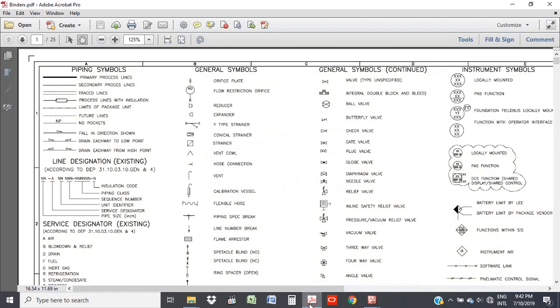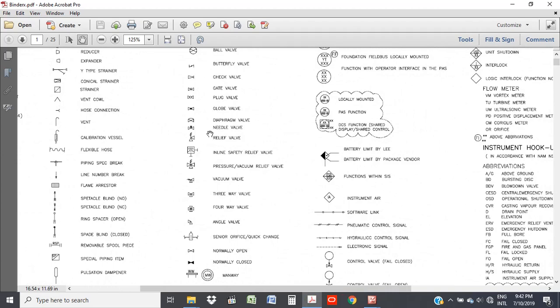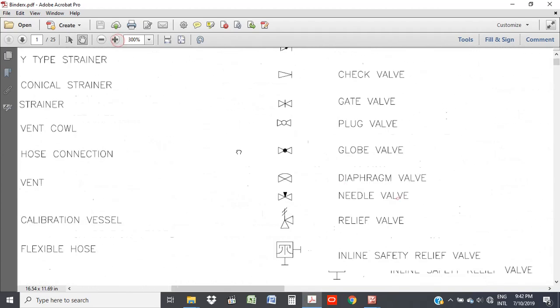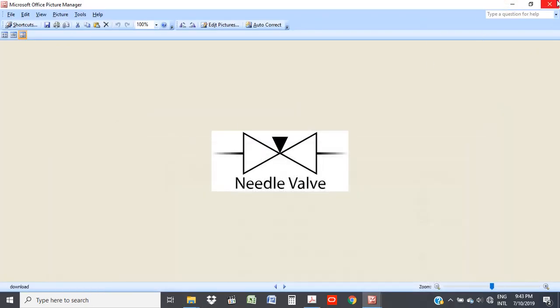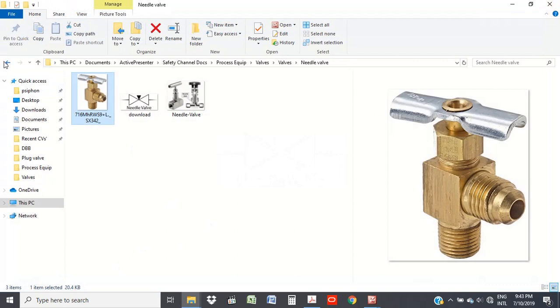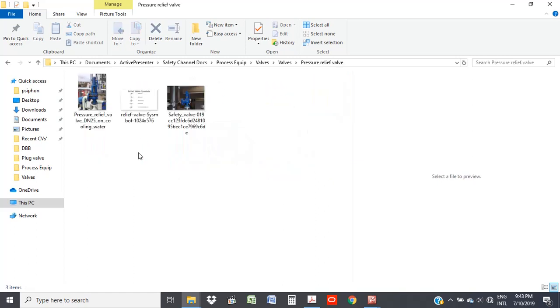On the PNID also, we would see that needle valves are used, but not everywhere. They're still very useful when they need to be used, but you don't see them being used every day. So then I want to come to what we call a pressure relief valve.